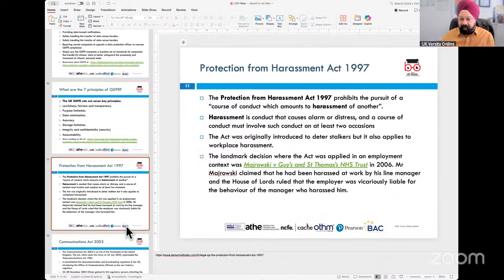Now, there are some other acts that you can look at studying. One is the Harassment Act of 1997, which is basically ensuring that the fair conduct can be done.